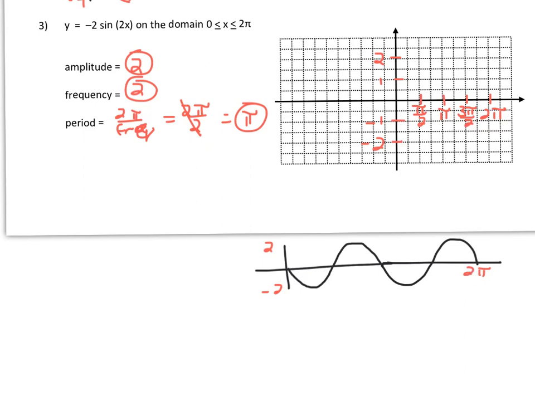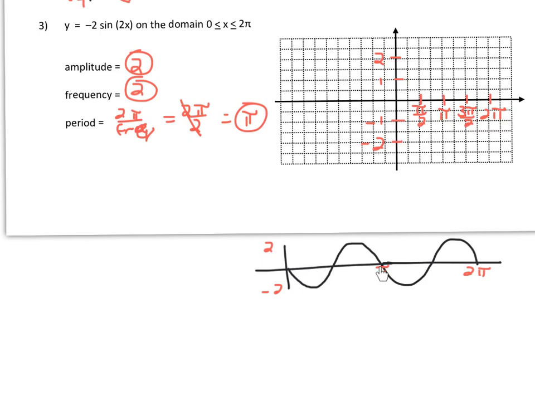What's halfway between 0 and 2 pi? Well, pi. So this occurs after pi units. And just to remind you, that's what our period is: how long it takes to fit one cycle. So it takes pi units to fit one cycle.